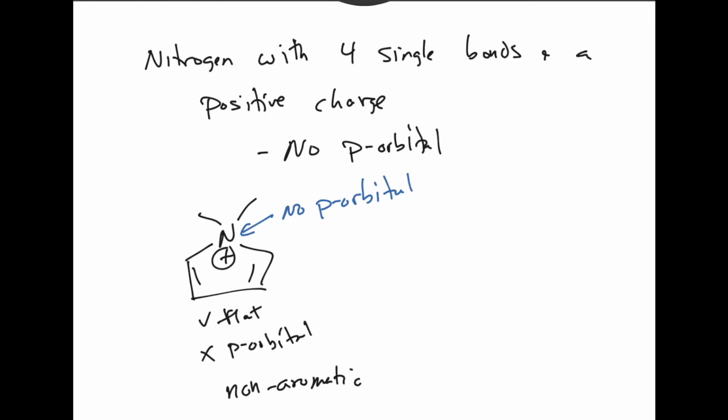Right? So you might be wondering, like, why does a carbon with a positive charge give me a p orbital, and a nitrogen with a positive charge doesn't give me a p orbital? What's different? So for a carbon, right, you've taken electrons away and you've left this empty p orbital.